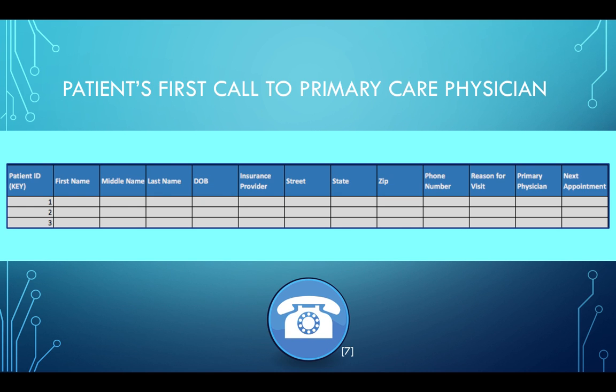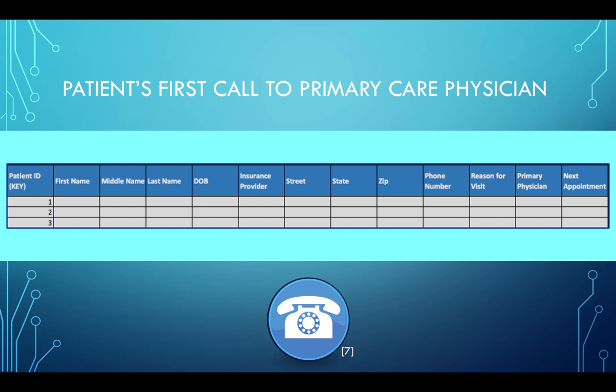So the patient's first call to the primary care physician will result in a variety of information being acquired. As you can see on the far left, we have a patient ID, which I noted as the key for this particular database or component of a database.